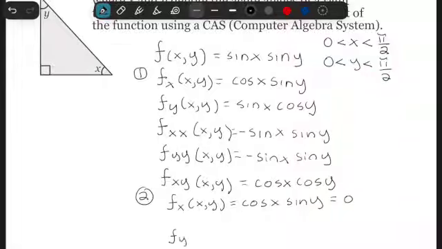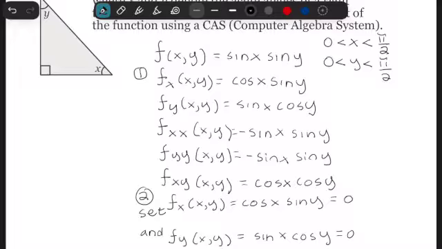And then we have fy(x,y) equals sine x cosine y equals 0. And I should say set fx and fy equal to 0.